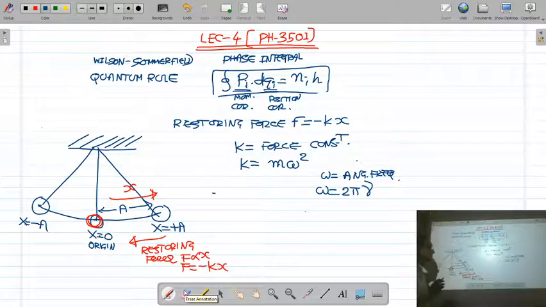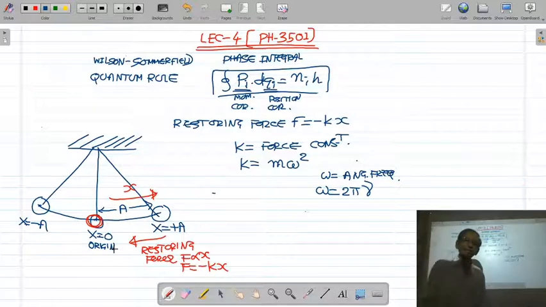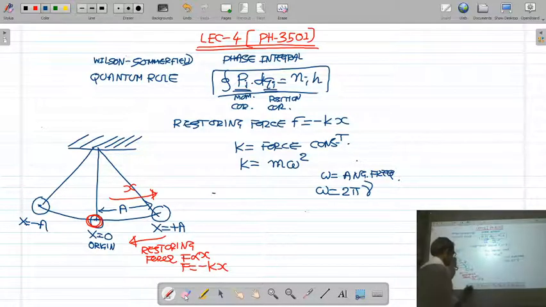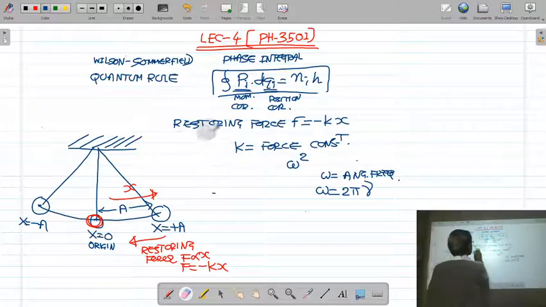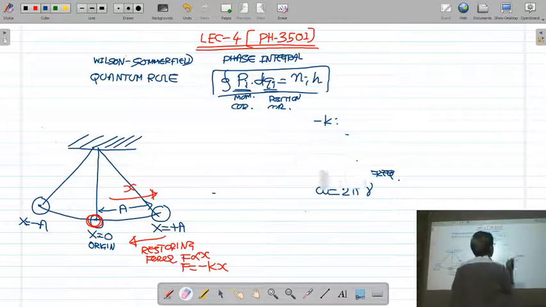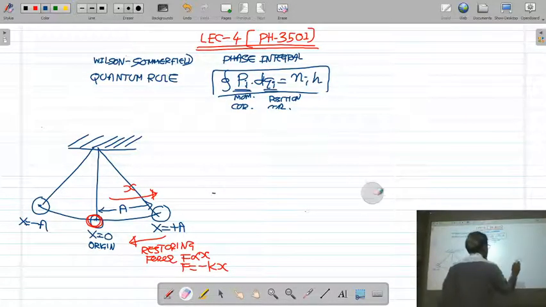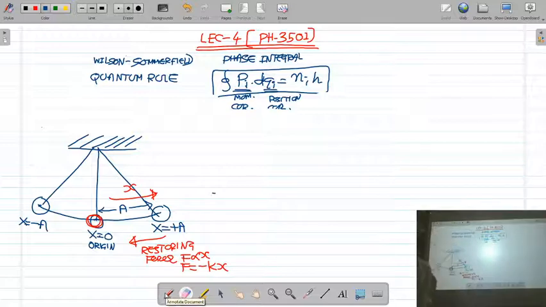Now we write the phase integral for this harmonic oscillator, and then we will solve the phase integral. We will get the energy of the oscillator.